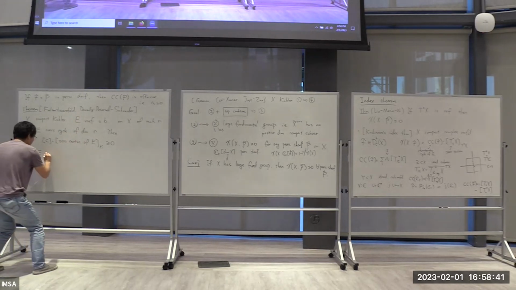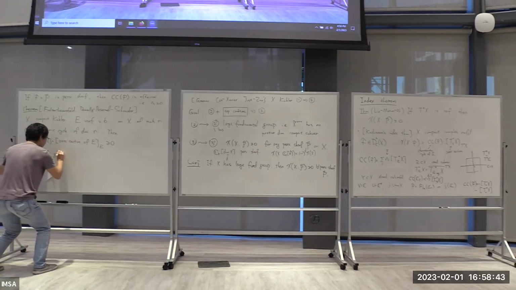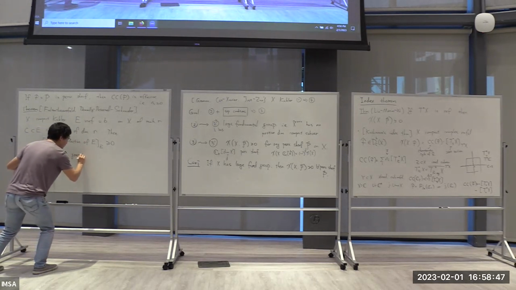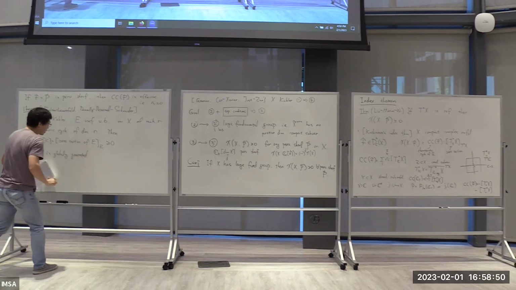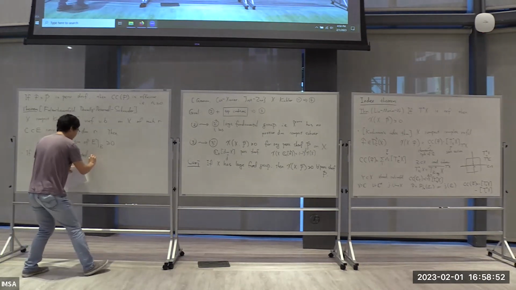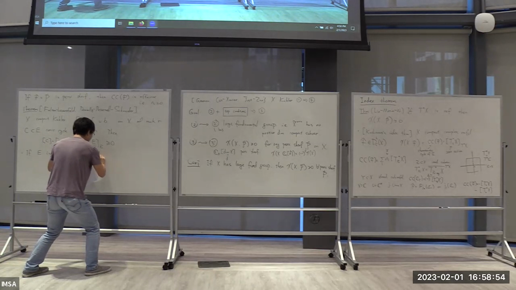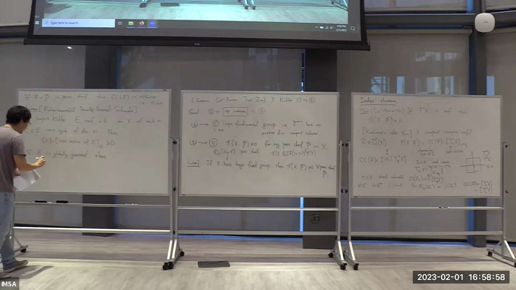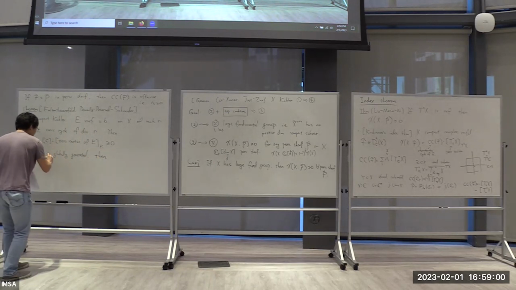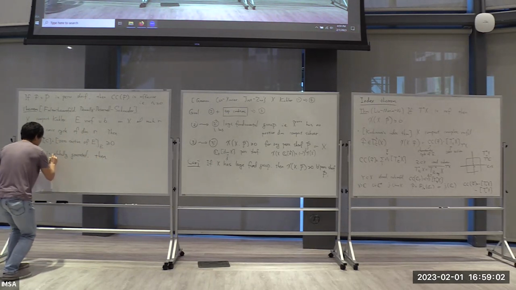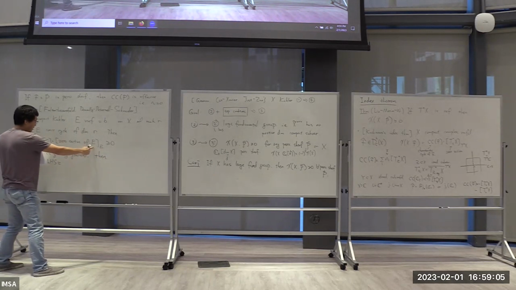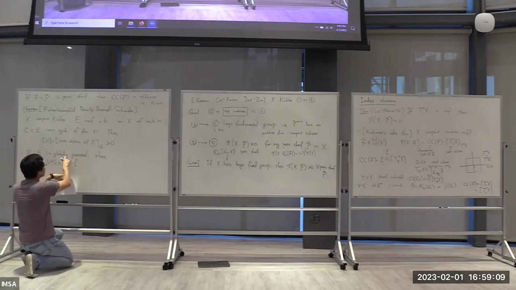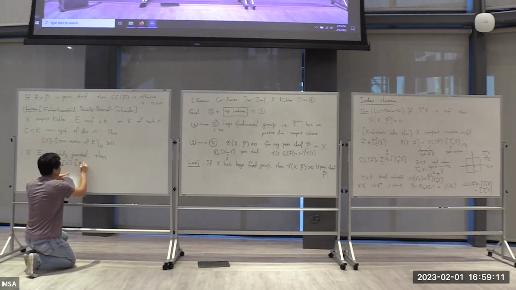If E is globally generated, which is stronger than being nef, then under the stronger assumption, we can prove this quite easily. So the left hand side of the inequality is equal to C times, since E is globally generated, I can take a general section.